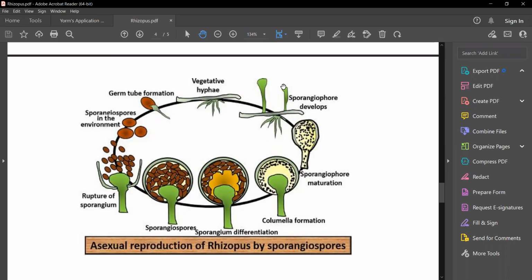Then you have your sporangiophore developing. At maturity, there's the columella formation cut off by this wall, as you can see. Then it begins to form spores from the peripheral cytoplasm and then the nuclei. Because it's multinucleated, it's able to form this number of spores. We get it.